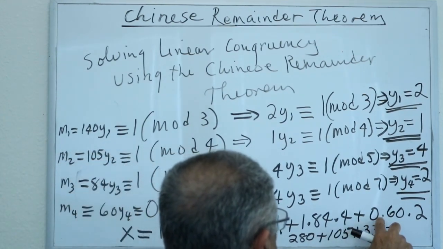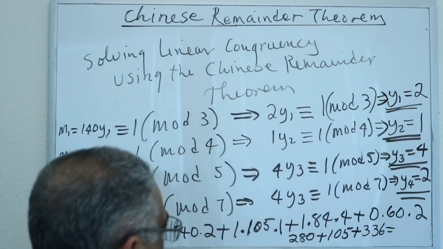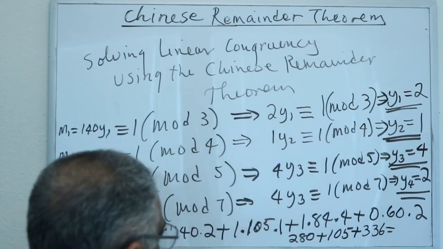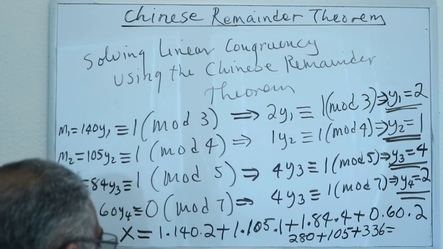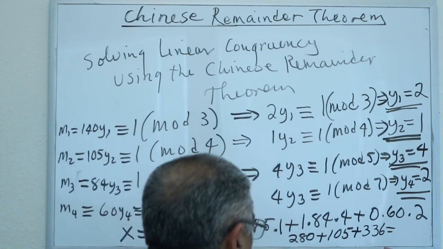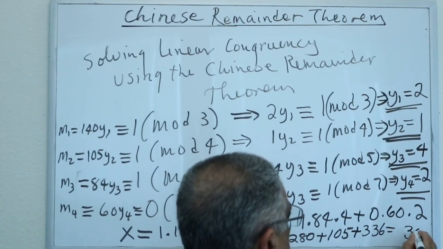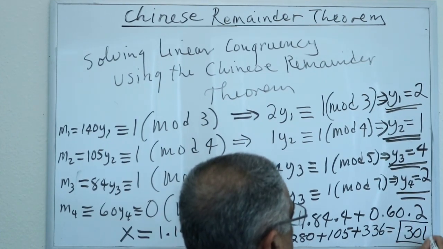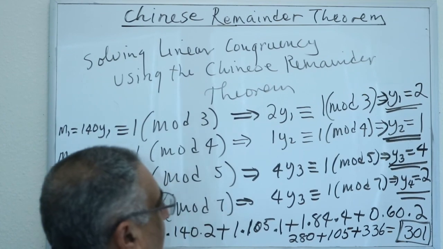And this is 0 times, so that's 0, so I can put plus 0. If I end up adding 280, 105, and 336, it comes out to be 721, and this is the value of x.